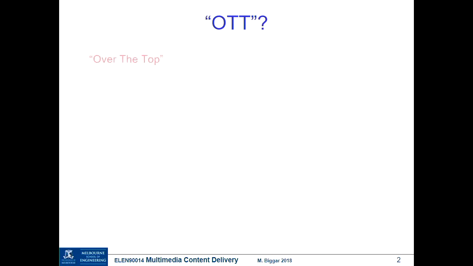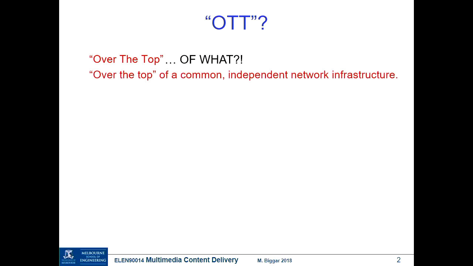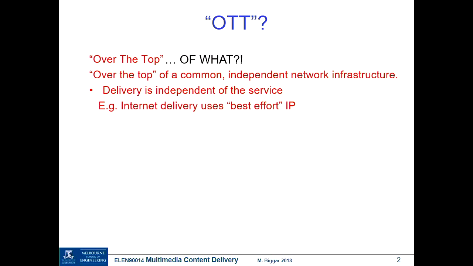Okay, so what is this OTT? Over the top, but over the top of what? It means over the top of a common independent network infrastructure. So, in other words, we're using the internet. Everyone can use the internet. There's no special capability to reserve resources.